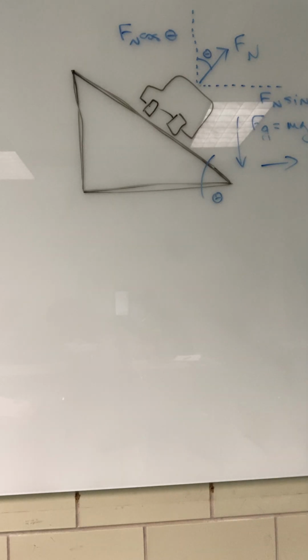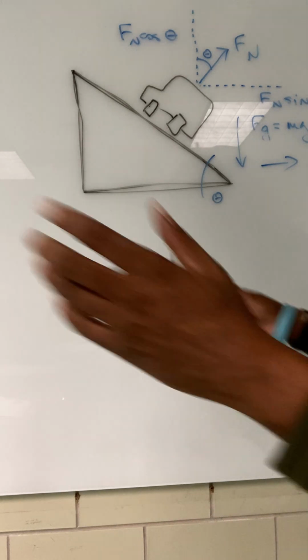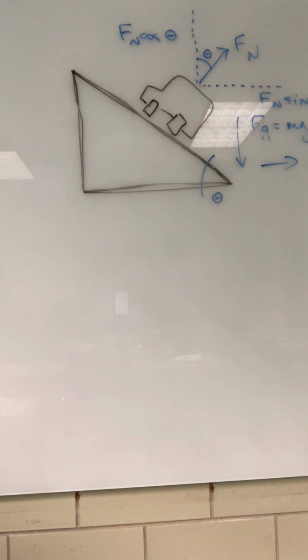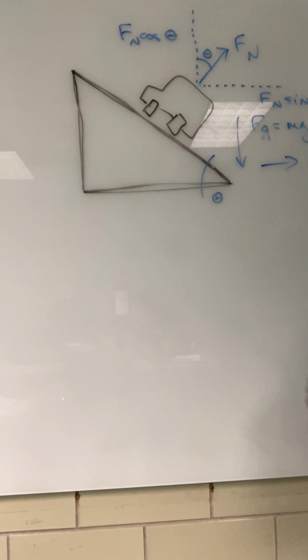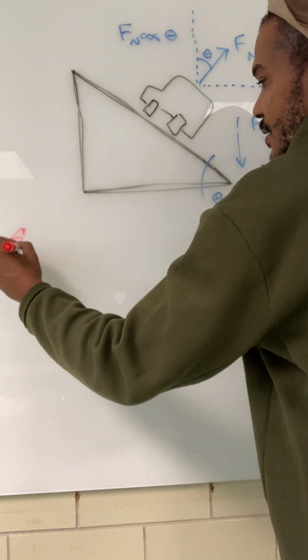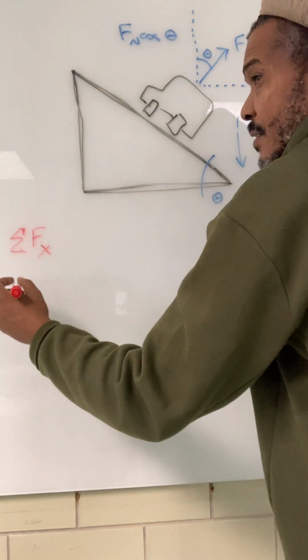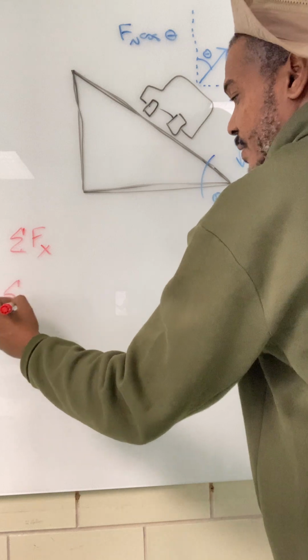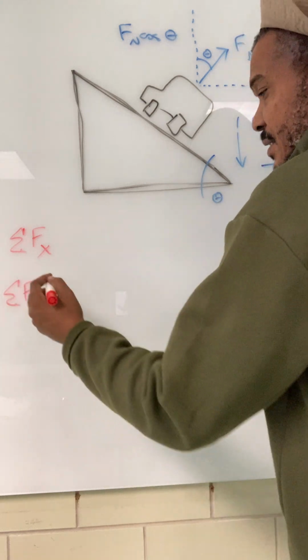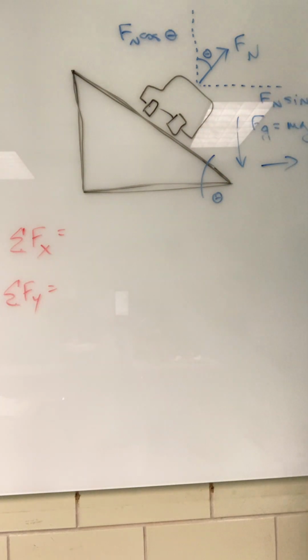So now we can draw our free body diagram. We drew our free body diagram. Now what's the next step? Sum all the forces up. All right? So we sum forces, the same as in chapter 4. Same deal. Free body diagram. We just got a different situation now.